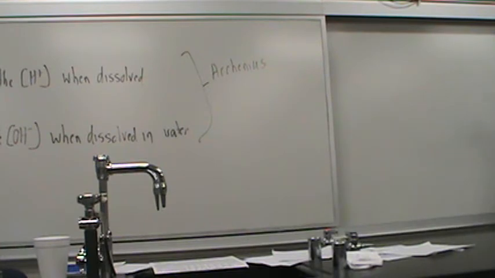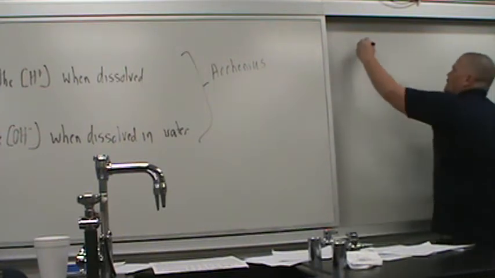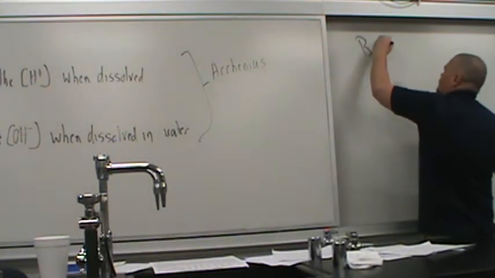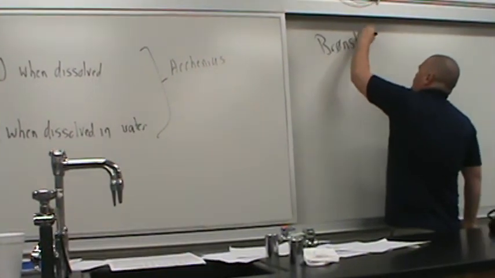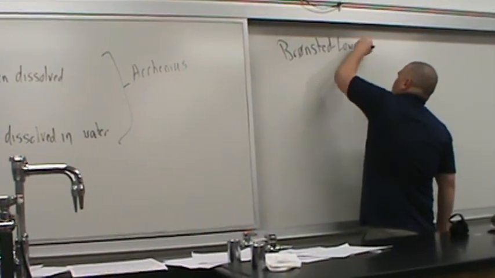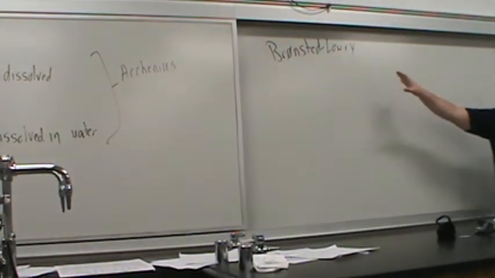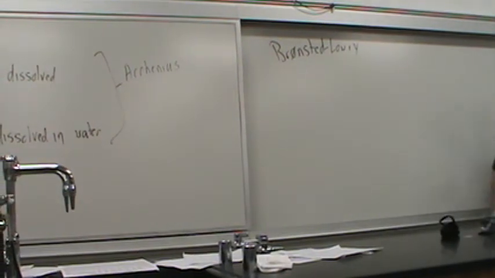Two independent scientists, one English, one I think Danish, working independently, came up with the same results, a new way of defining what an acid and base is. So we have the Bronsted-Lowry terminology for both acids and bases.